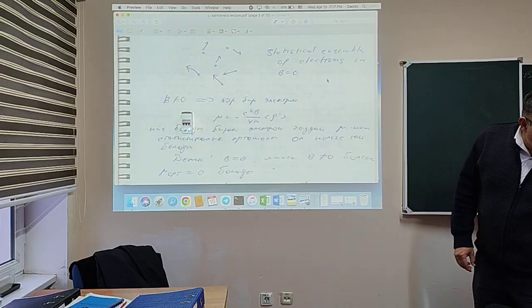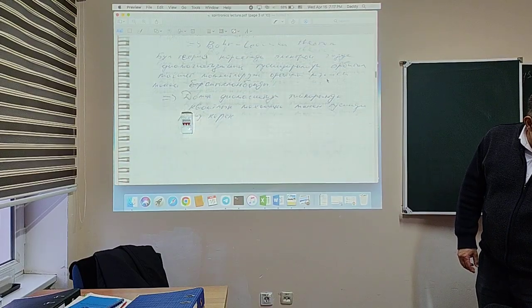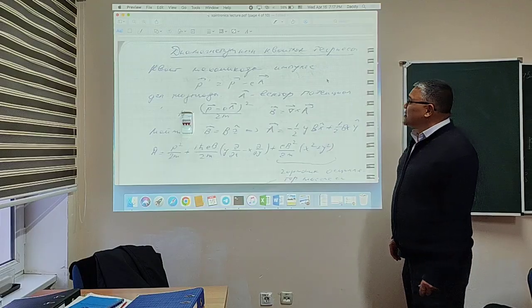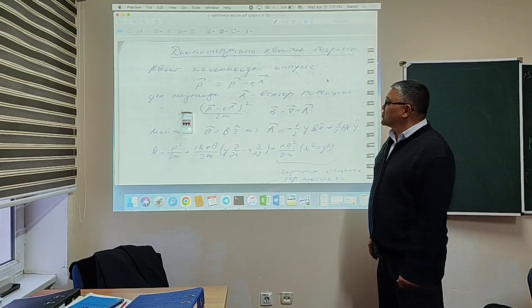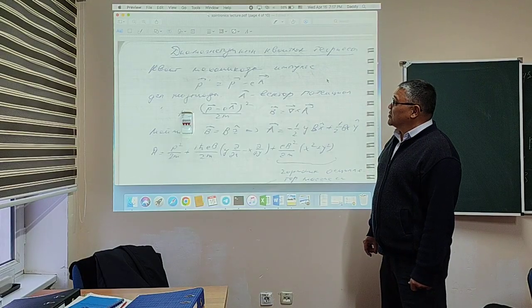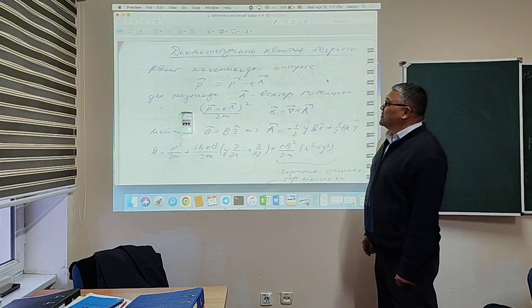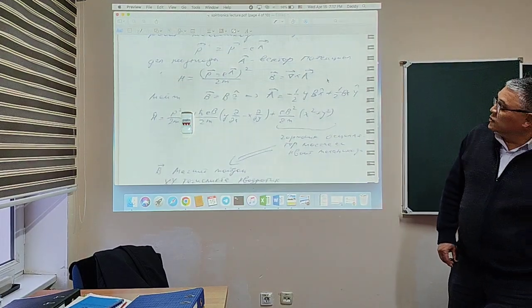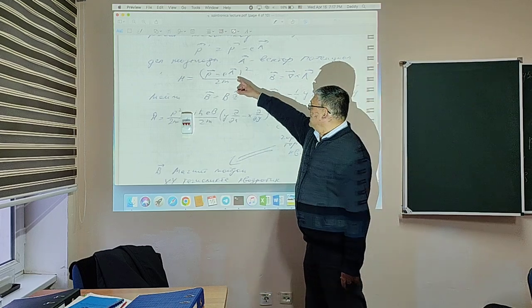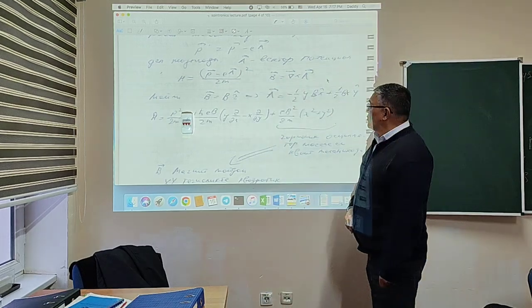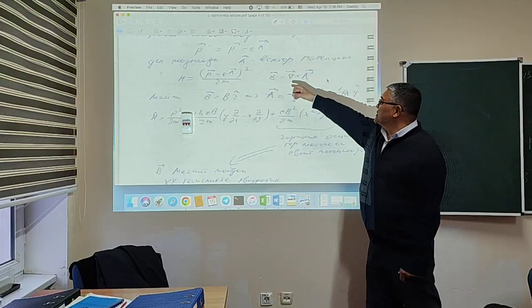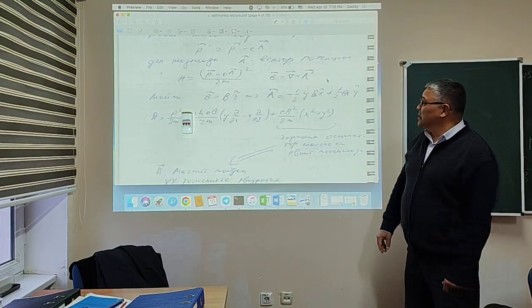Now, if we apply quantum mechanics to this, in quantum mechanics we will have this formula for the Hamiltonian, which is equal to (p minus eA) squared divided by 2m, where A is the vector potential, and the magnetic field B is found by this formula here.